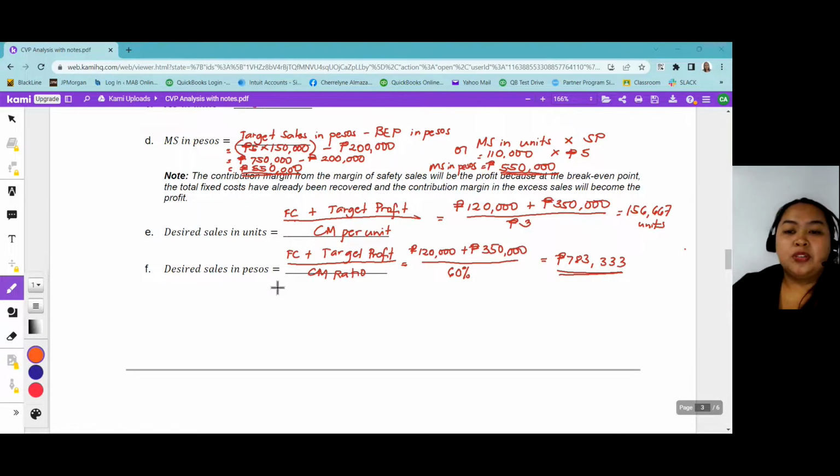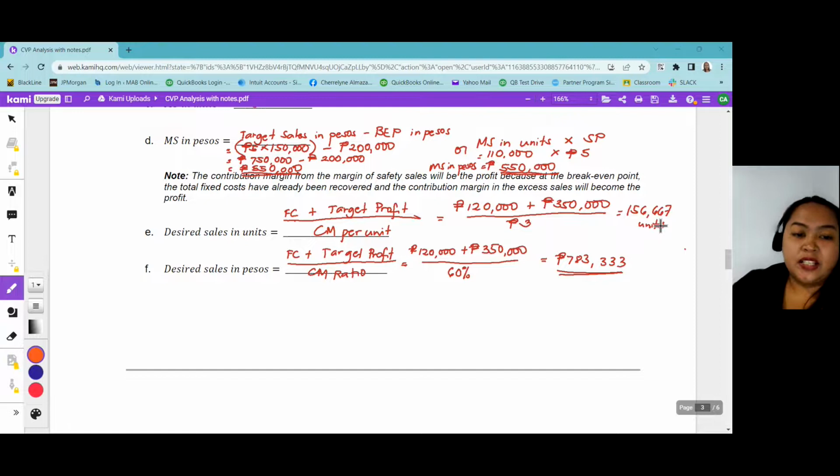Desired sales in pesos. You can do so by multiplying this to the selling price. Okay? Pero magkakaroon ng differences in terms of siguro mga 10 pesos whatsoever. Pero that is okay lang naman. As long as your solution is correct, pwede rin namang i-consider yon. Okay?